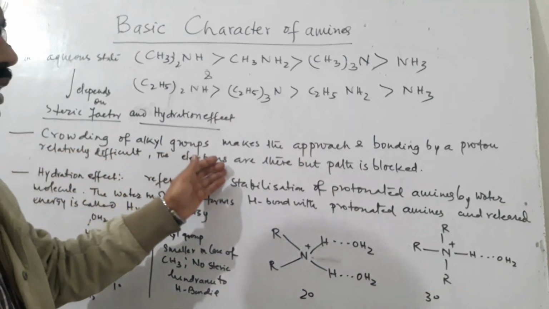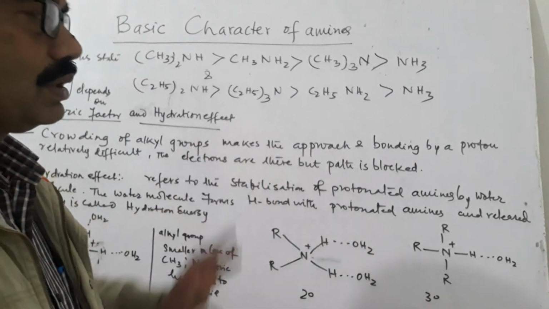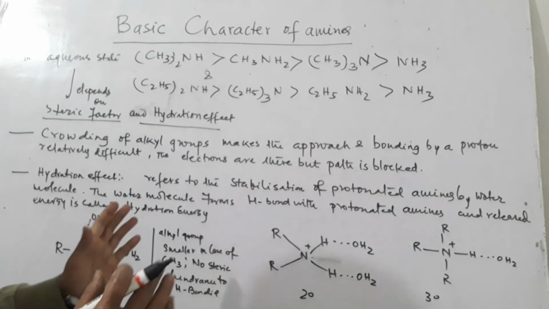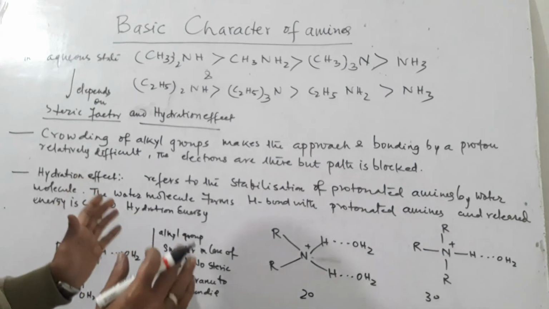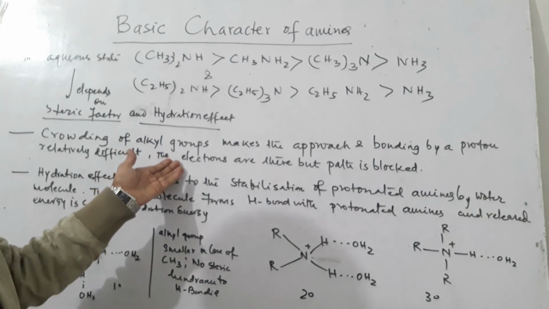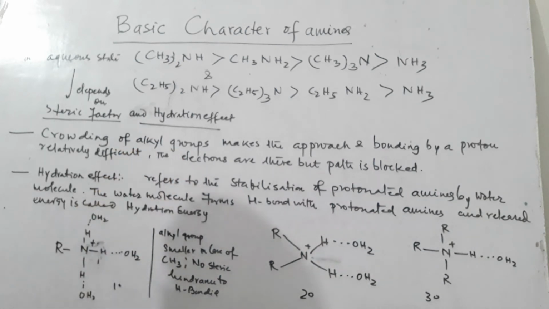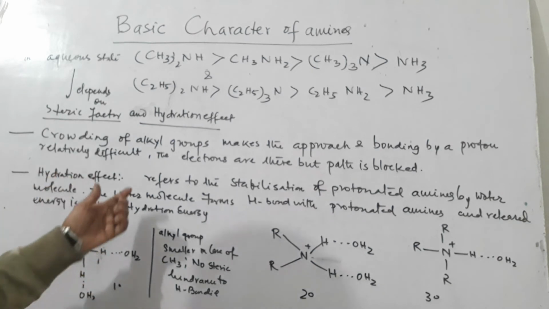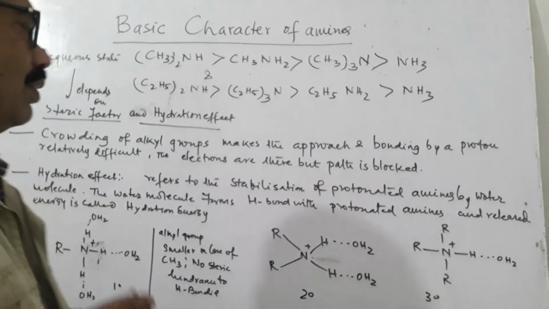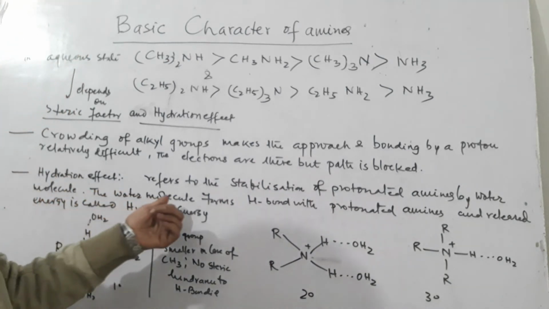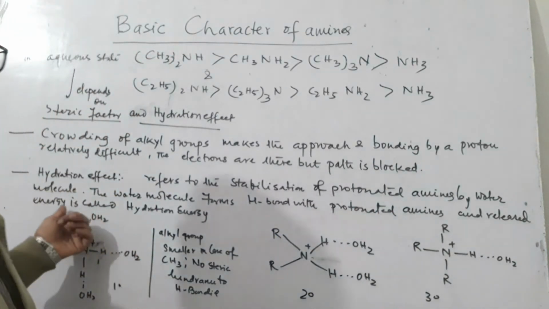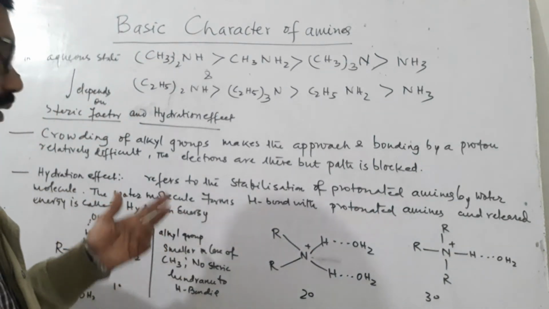The electrons are there but the path is blocked. अगर crowding ज़्यादा हो जाएगी तो फिर क्या होगा? हाइड्रेशन नहीं हो पाएगा और जिसके चलते यहाँ इसकी बेसिसिटी कम जाएगी.